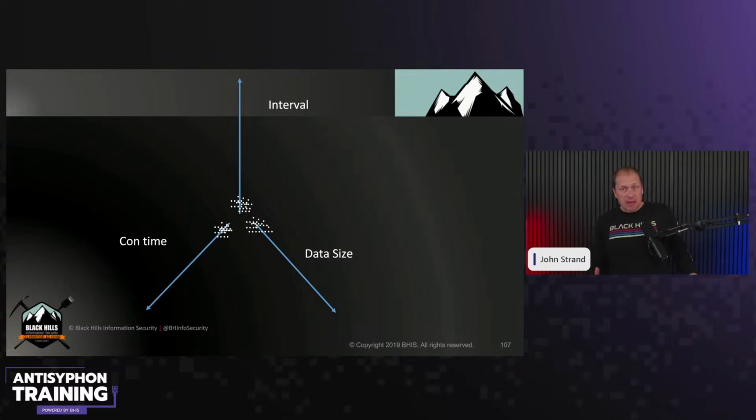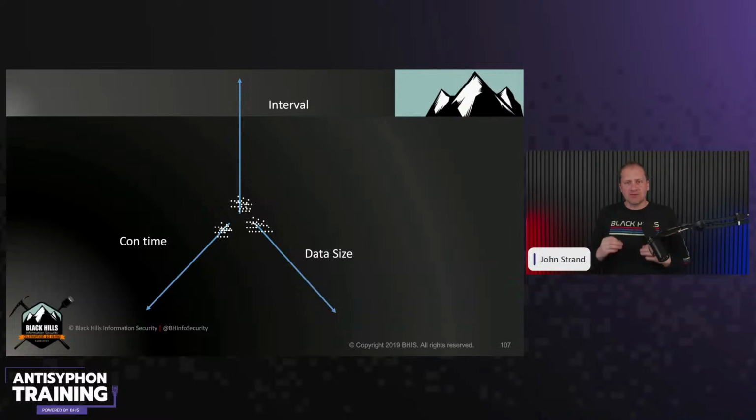That is a beacon, right? It's very consistent in its interval. Mom, mom, mom. It's very consistent in its data size. Mom, mom, or dad, dad, dad. It's very consistent in its connection time. It's a different way of looking at interval, but its connection time is also very, very quick.